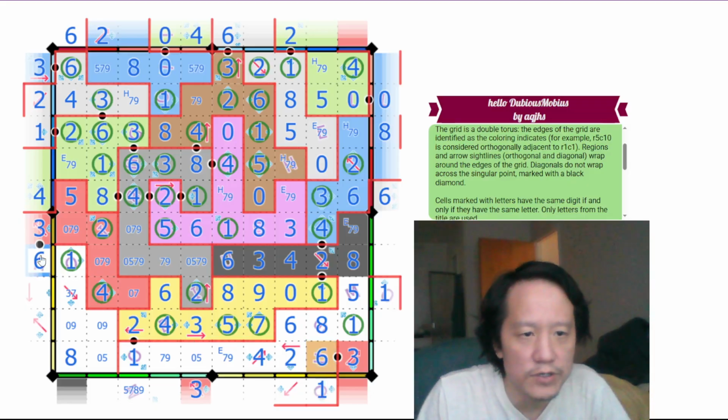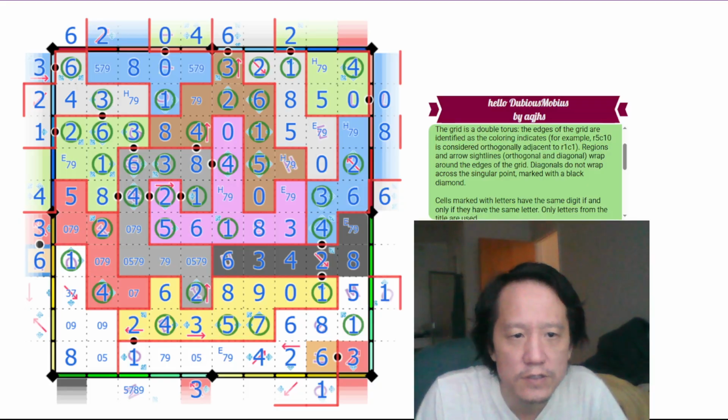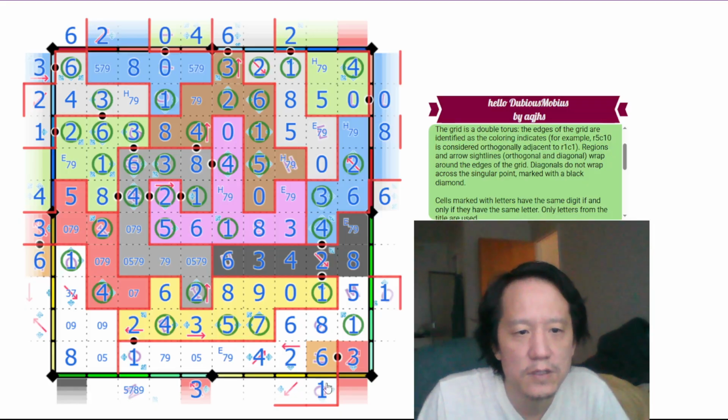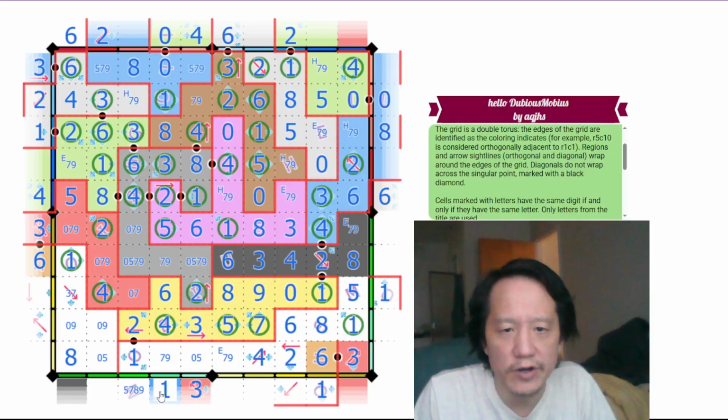So this is orange, this is orange. These cannot be the same region, but we don't know what those are. Okay, this is 3, this is 1, this is 5, and this is 8.